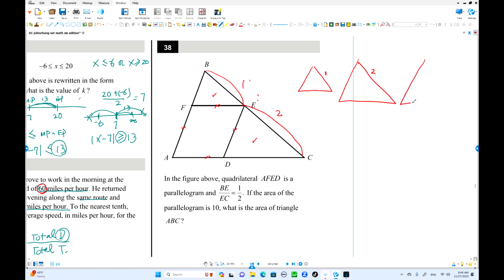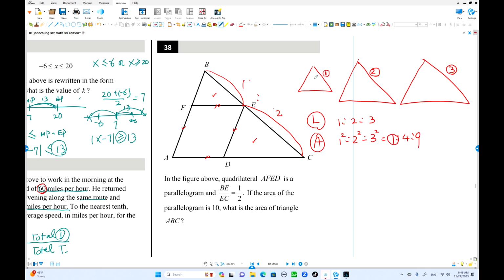Now the largest one, ABC, that is 3, right? 1 plus 2 is 3. The ratio of corresponding side lengths is 1 to 2 to 3. What is the ratio of their areas? 1 squared, 2 squared, 3 squared, because they are similar. That is 1 to 4 to 9, right?